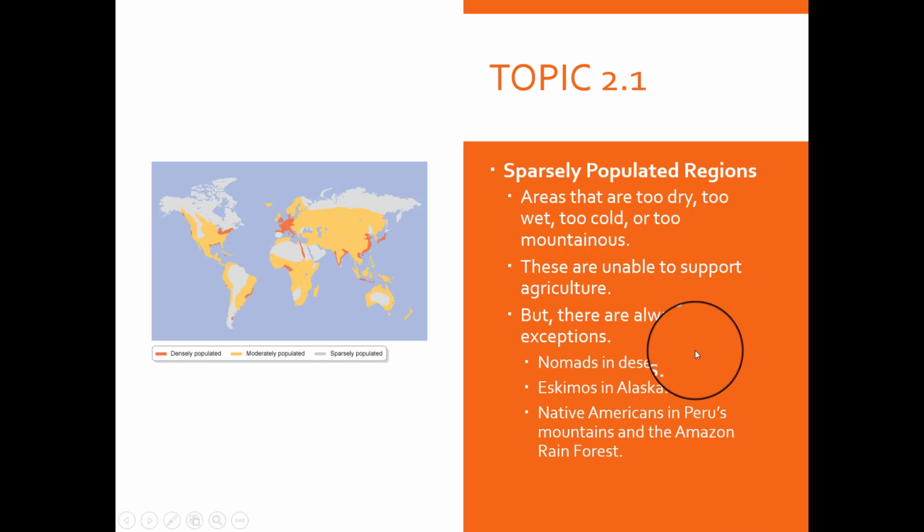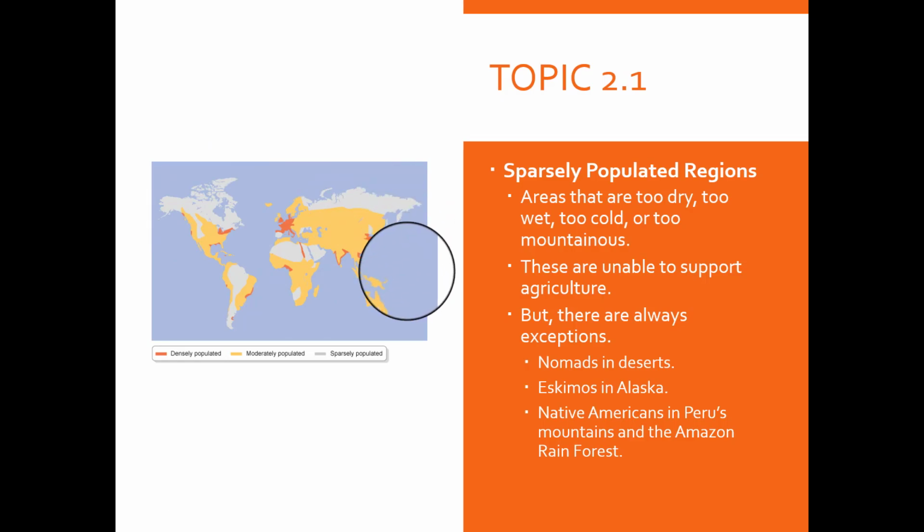However, that's not always the case. There are some exceptions to this rule, where you have densely populated areas, but then you have places that are not so populated, like up here in Alaska and the Siberian area. But there are exceptions.